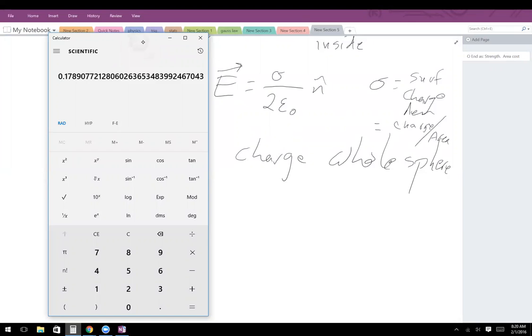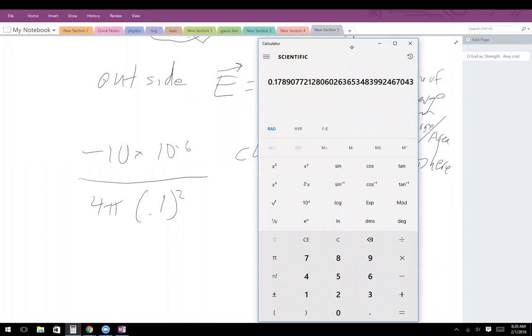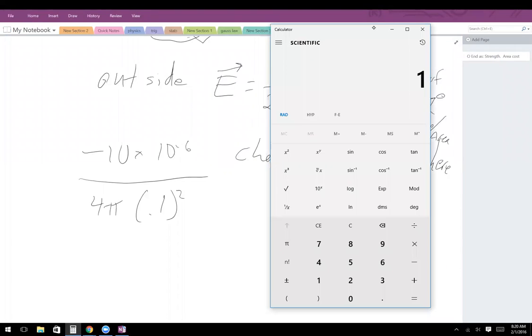Come on, move. There we go. All right. So 10 divided by pi, divided by 4, divided by 0.1 squared is that.